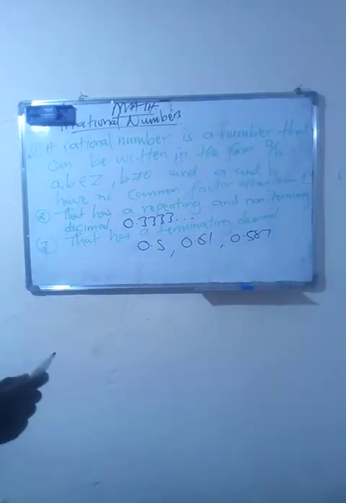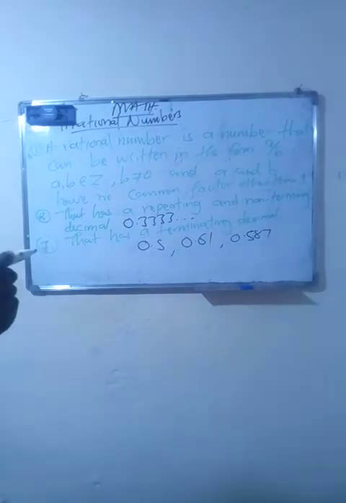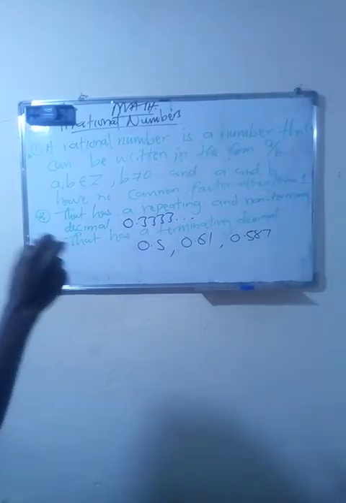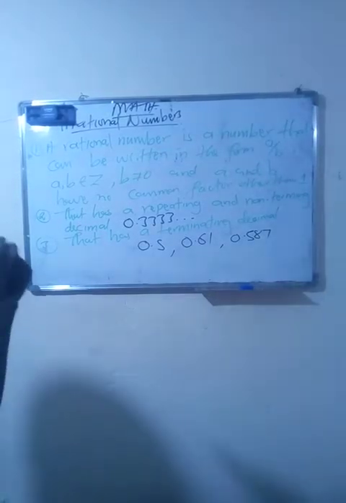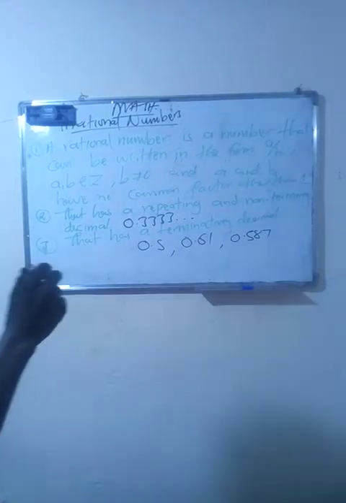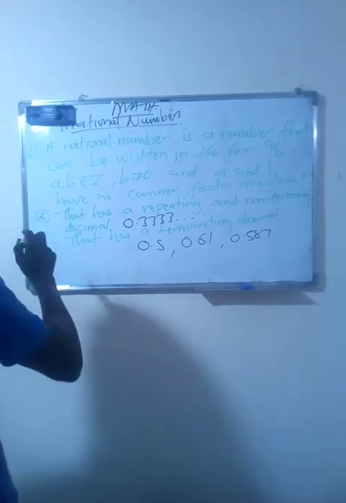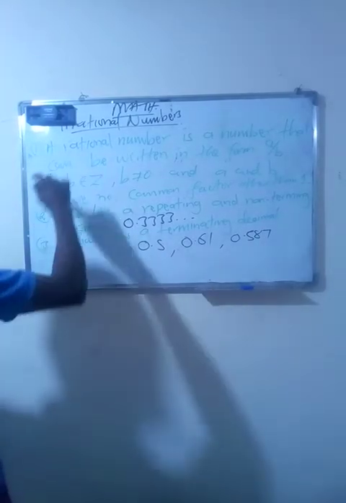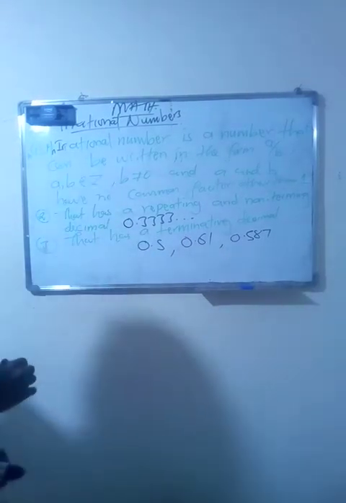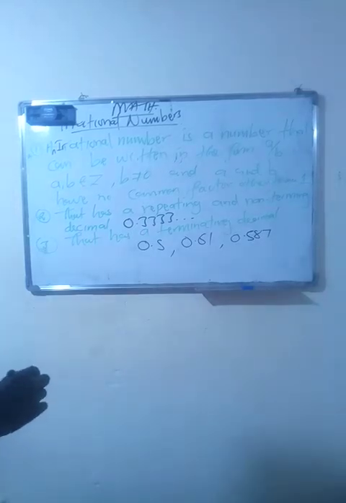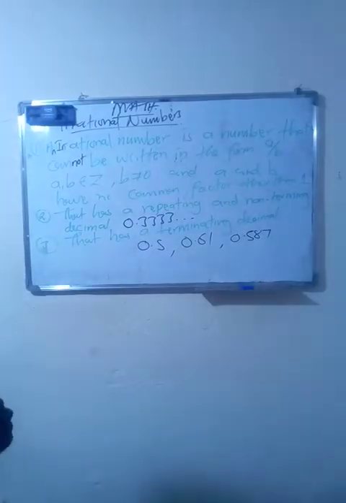So now, in the same way, we are going to define irrational numbers. We know that irrational numbers are the exact opposite of rational numbers, okay? So when we say irrational numbers, we're going to say that an irrational number is a number that cannot be written in that form.